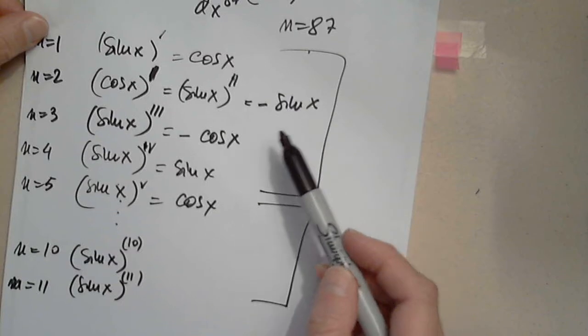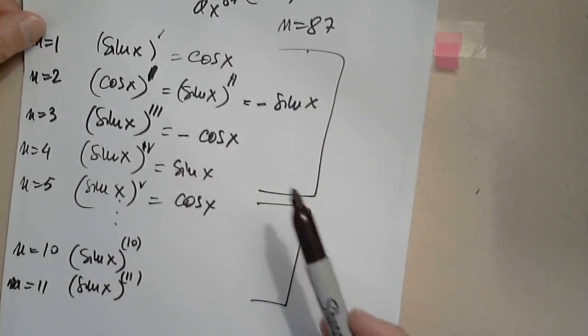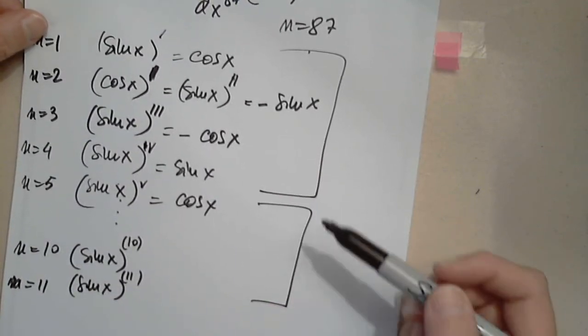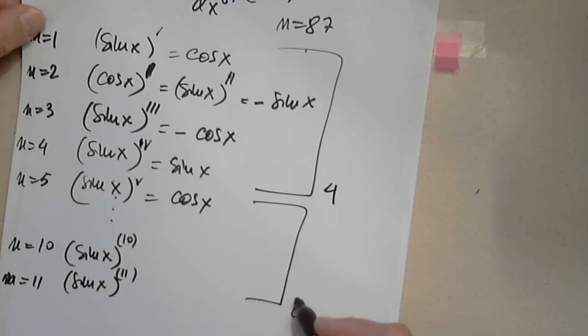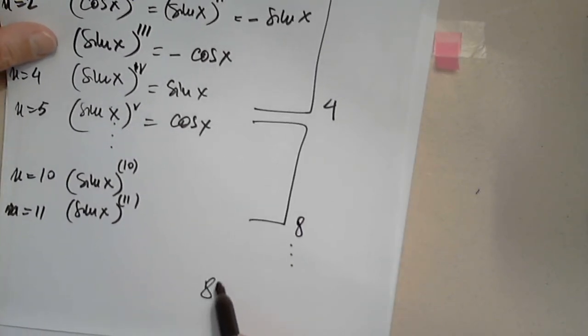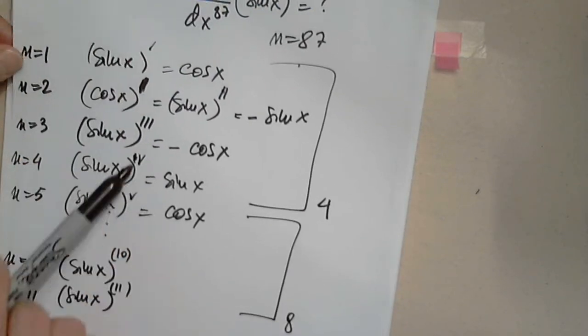So cosine, negative sine, negative cosine, sine. Cosine, negative sine, negative cosine, sine. So on and so forth. So if this is 4 and the next one is 8, now we are interested in seeing which one is 87. Is it the first, the second, the third, or the fourth? It must be one of these.